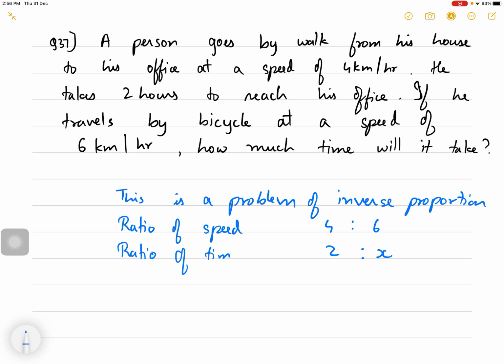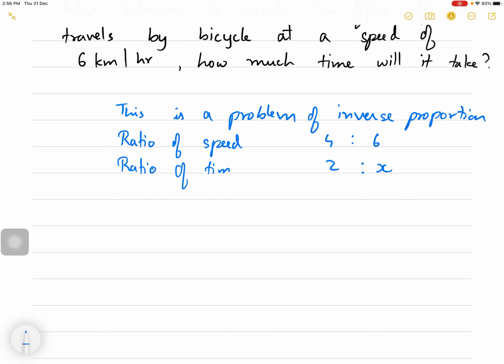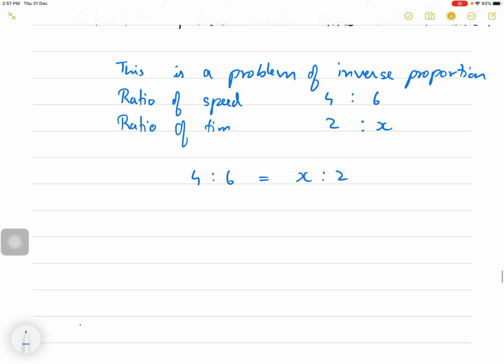So let us assume x. Because this is a question of inverse proportion, 4:6 is equal to x:2. Right? So 4 into 2 is equal to 6x. x is equal to 8 divided by 6.